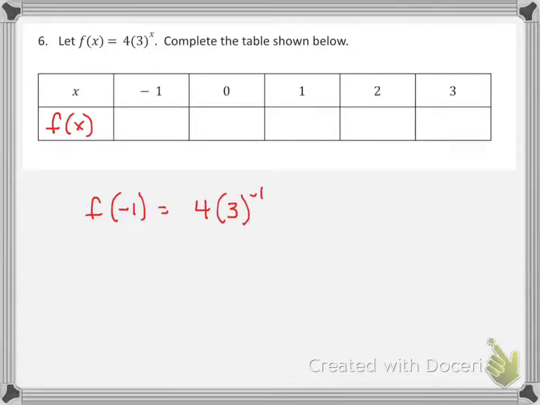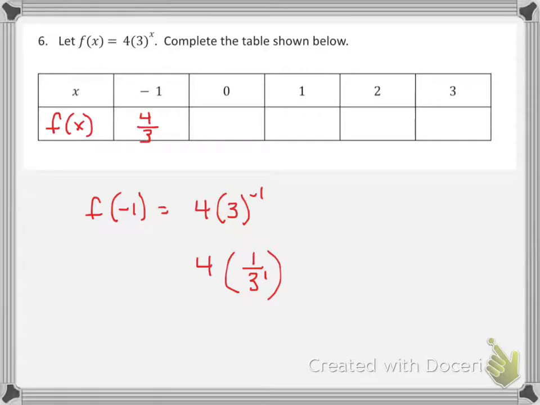And then we have to remember that anything to the negative exponent is the reciprocal. So this is 4 times 1/3 to the positive 1. That's the only way we get a positive exponent. And that's just 1/3. So 4 times 1/3 is 4/3. So there's the first one.